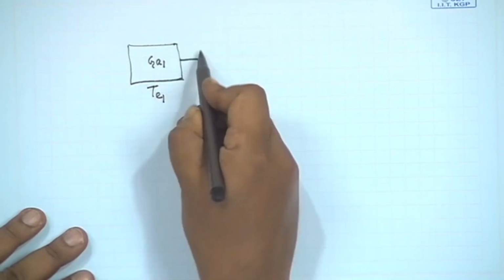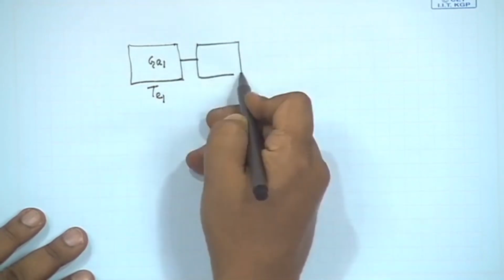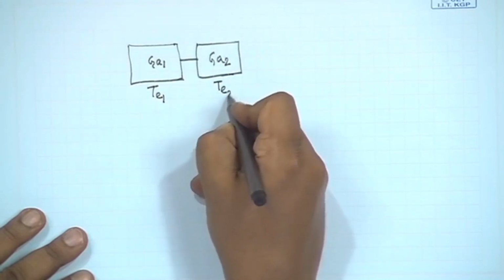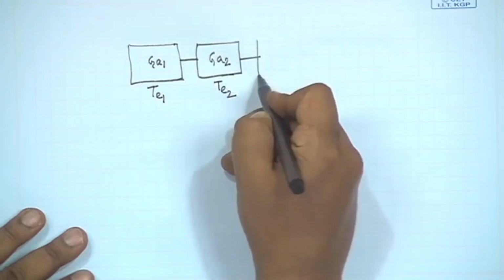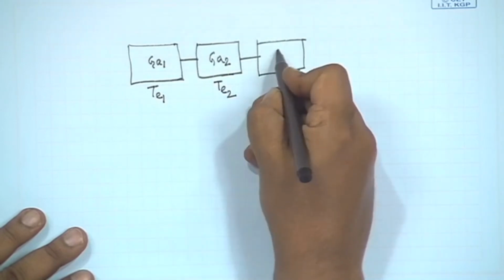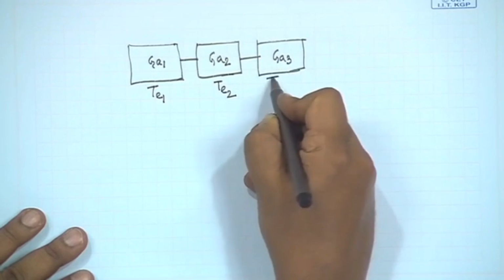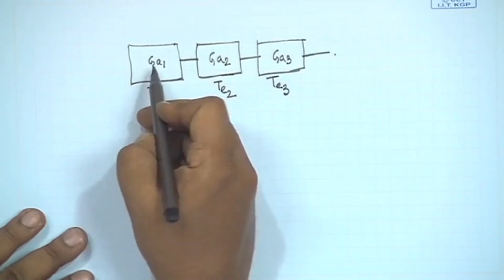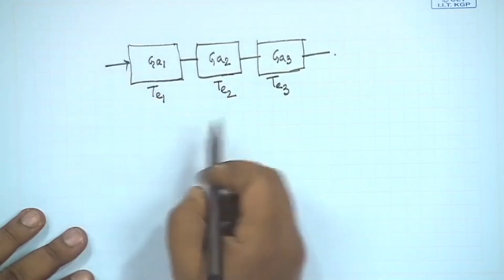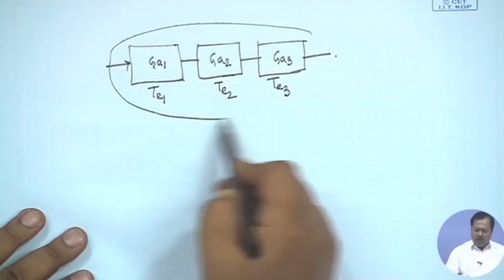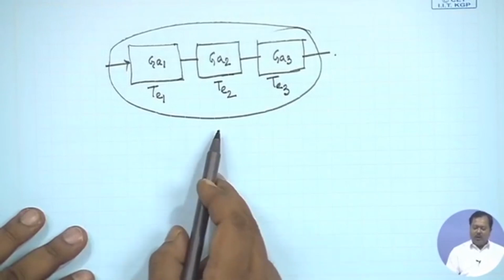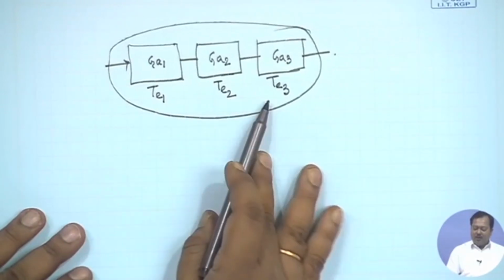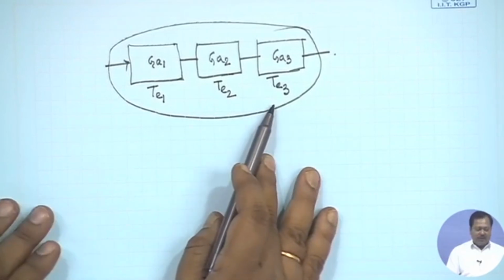It is followed by another amplifier with gain GA2 and effective temperature TE2. Again we have one more, GA3, with effective noise temperature TE3, and we want to calculate the overall noise contribution of this system. If we know it for three, we can do it for n components in cascade.